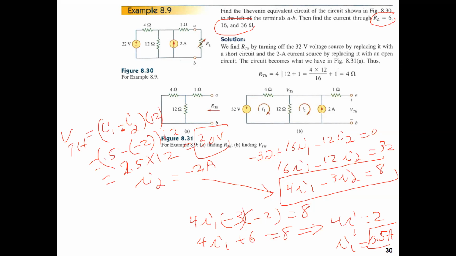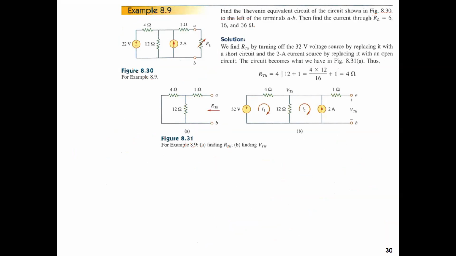Now, if we use other techniques like mesh analysis, nodal analysis, or source transformation without using Thevenin, then we have to analyze the whole circuit three times, when RL is equal to 6, when RL is equal to 16, and when RL is equal to 36, in order to find the current that goes through this R load. So that's why the RTH is very practical, easy and fast to use in this type of application.